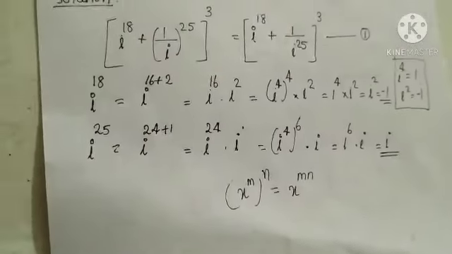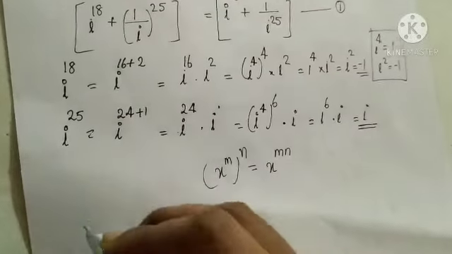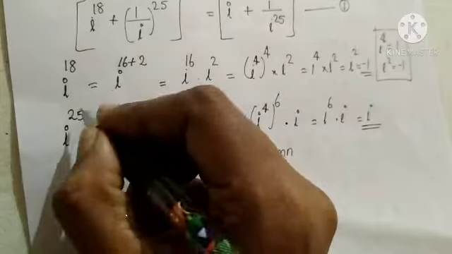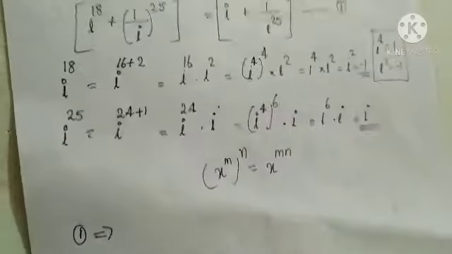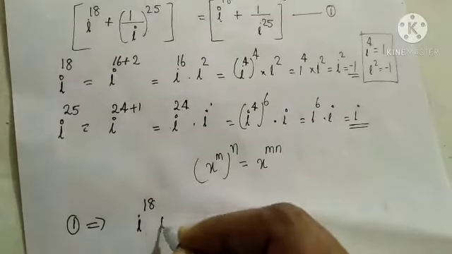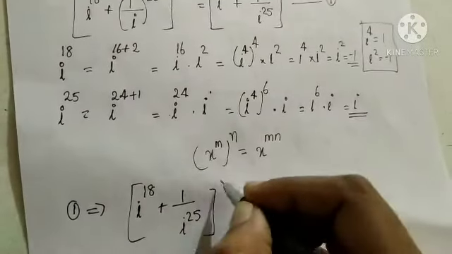Okay, next I am going to substitute the values of i raised to 18 and i raised to 25 in equation number 1. Here we get i raised to 18 plus 1 by i raised to 25, whole cube, is our question.